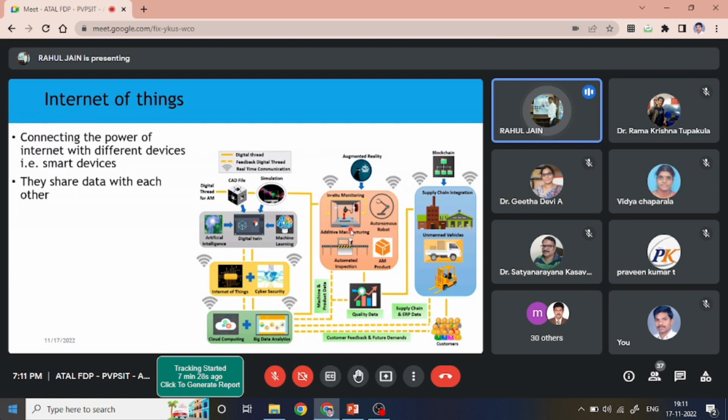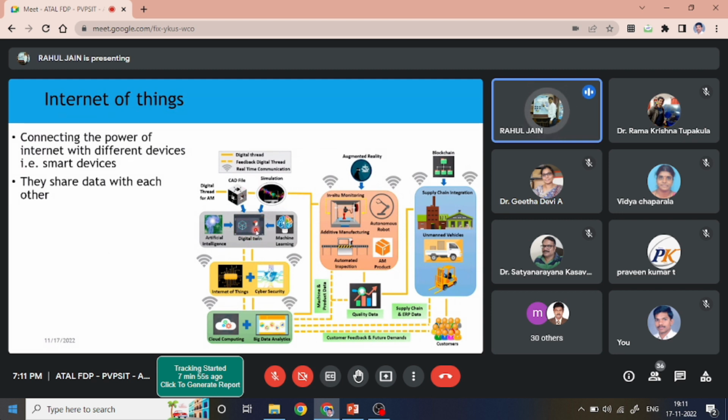We can get the temperature profile, the temperature contour, how the temperature is distributed, the residual stress, and the thermal distortion, which is happening because of the change in temperature and the associated coefficient of thermal expansion, right? All this information can be fed into this digital twin.